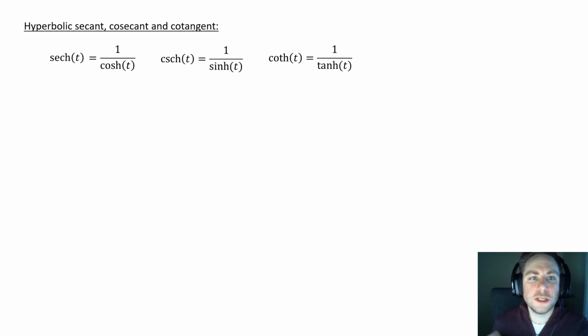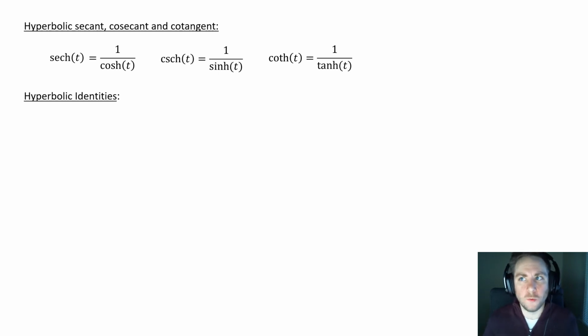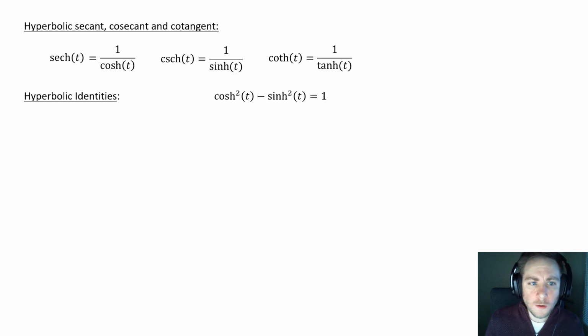Now, just as we know a bunch of trig identities from high school, it turns out there are also a whole bunch of hyperbolic identities, which are very similar to trig identities. And these are just statements of equality, which are always true. So for starters, we know that cosh squared minus sinh squared is always equal to 1 for all values of t, so this is an example of a hyperbolic identity. From here, we can come up with a few more hyperbolic identities pretty easily.